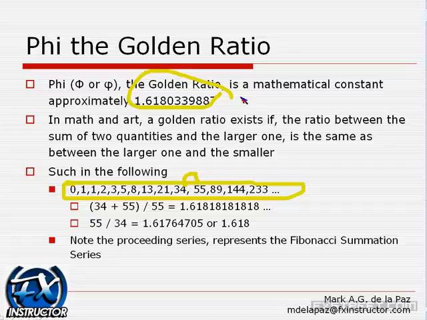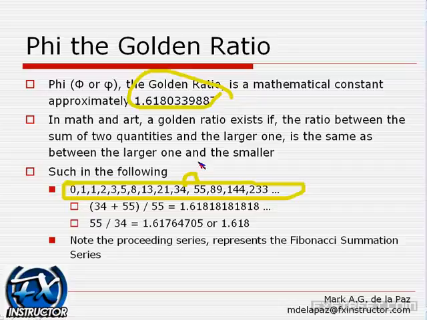Over the years, even before traders started using Fibonacci analysis, people have found that these properties of Fibonacci appeared quite a lot in math and in art. In fact, people found out that your Fibonacci numbers and these ratios often occurred in nature.